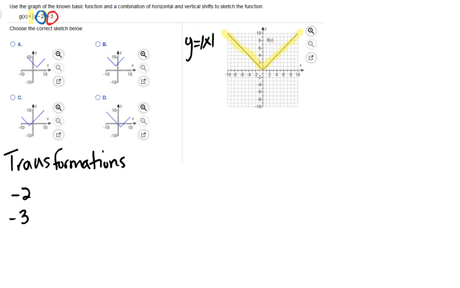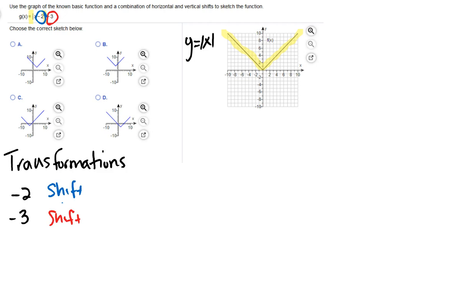Both of these are adding and subtracting. So both of these are going to be shifts. And then we want to determine what type of shifts they're going to be. And you can tell whether they're going to be a horizontal shift or a vertical shift based on the location, whether it's inside the absolute value or outside the absolute value.